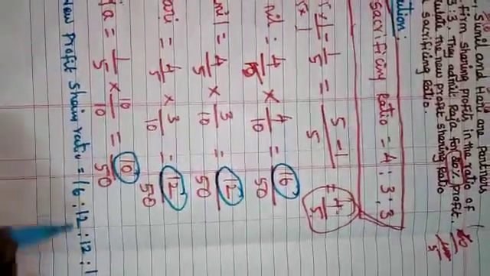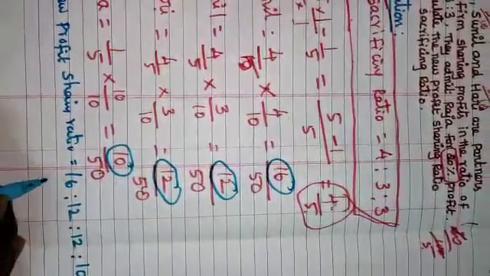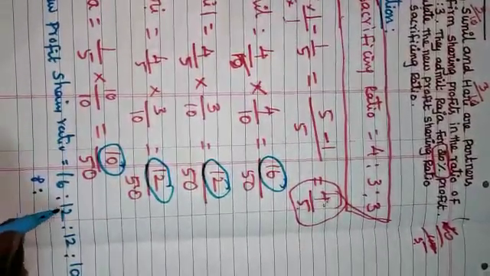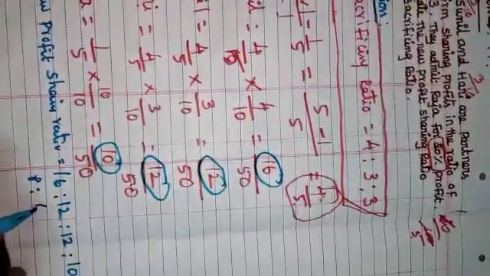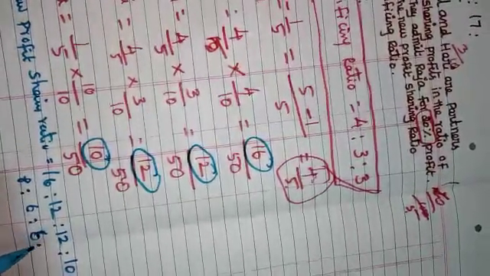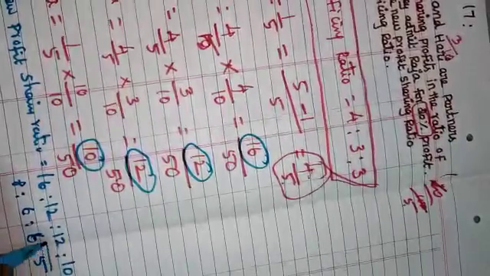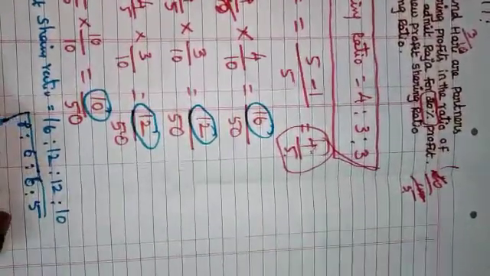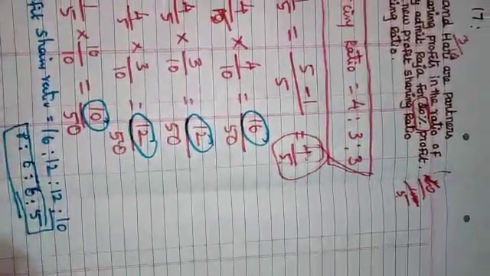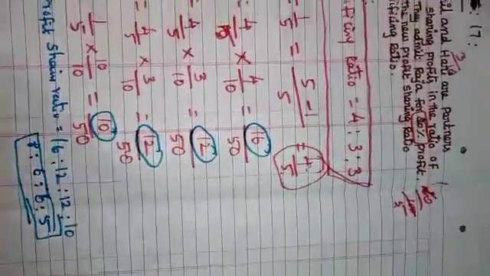It can be simplified by dividing by 2. 8 2s are 16, 6 2s are 12, 6 2s are 12, 5 2s are 10. So we have simplified it to the maximum level. So 8:6:6:5 is the new profit sharing ratio.